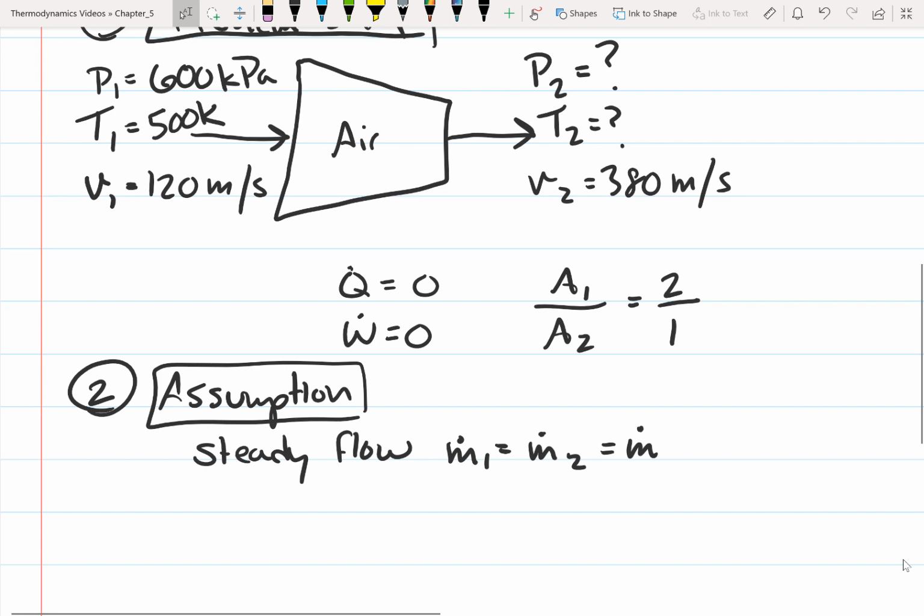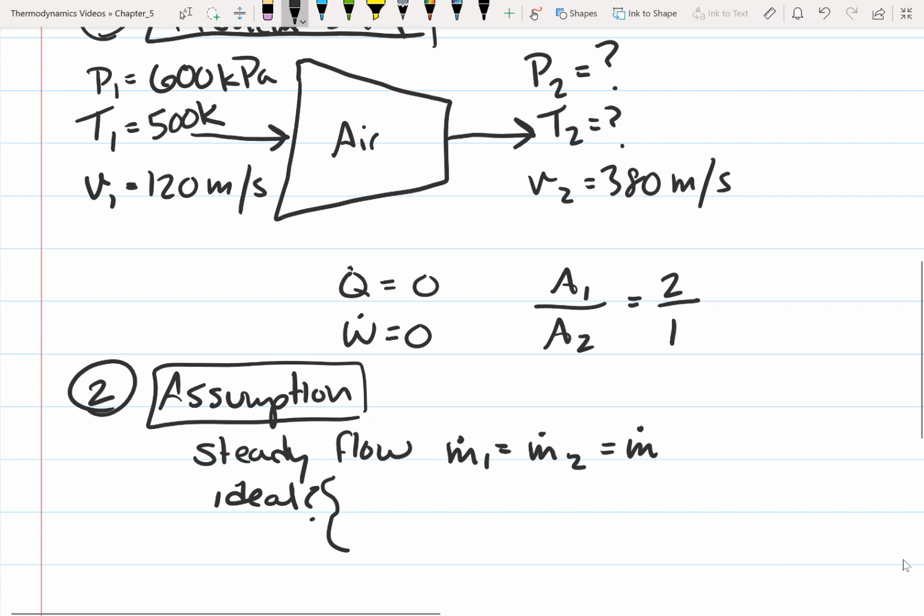We have air, and we want to know if it's ideal. So do we have an ideal gas? Let's look at the critical temperature and pressure for air. Just by eyeballing this problem, we should already be able to tell that it's probably ideal because we have air, a pretty high temperature, and pretty low pressure.